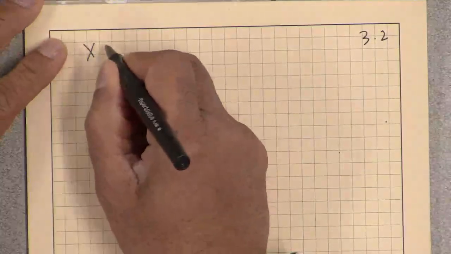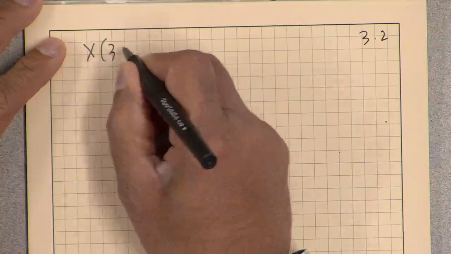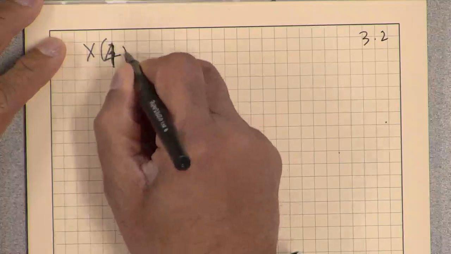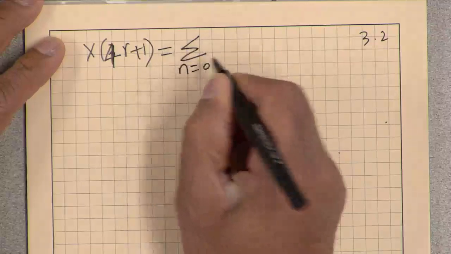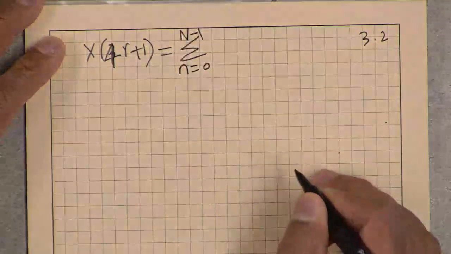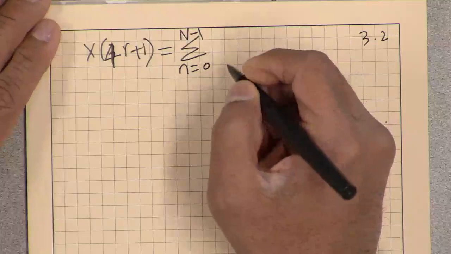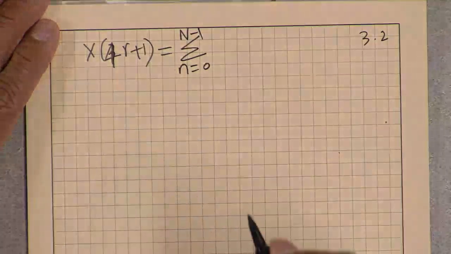So X(4r+1) is equal to the sum over n equal to 0 to N minus 1. Okay, I should say a little more.